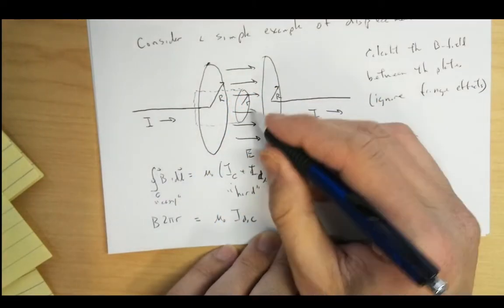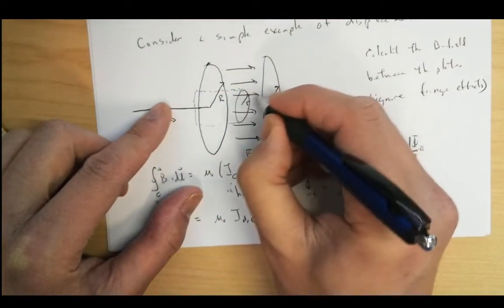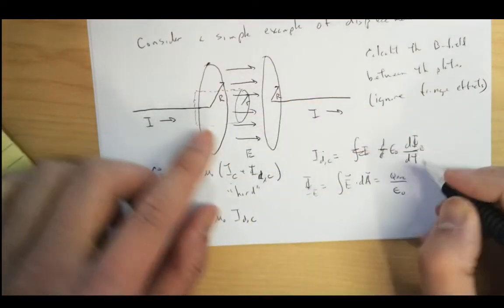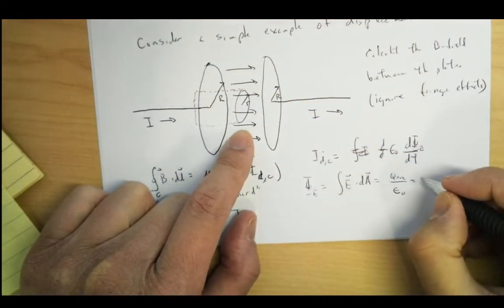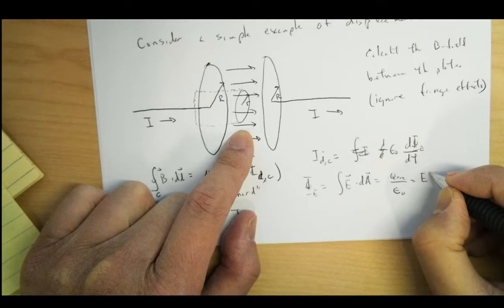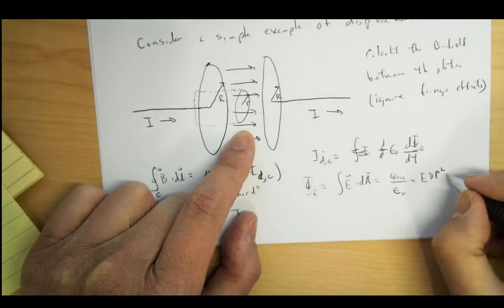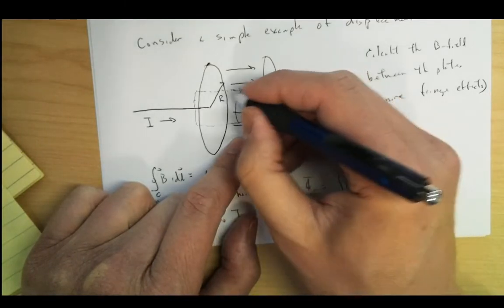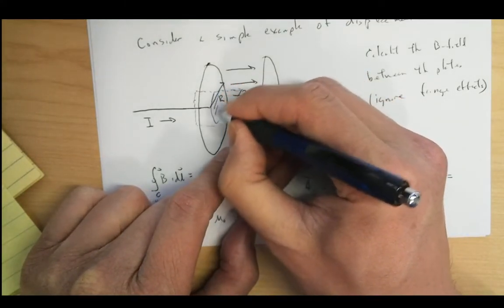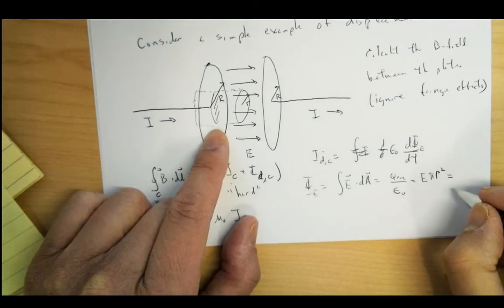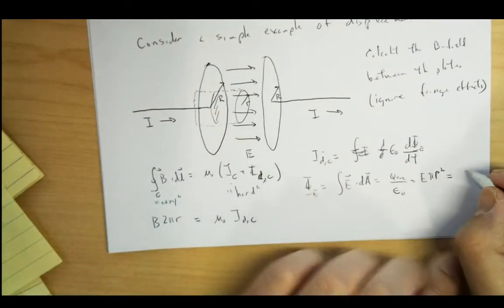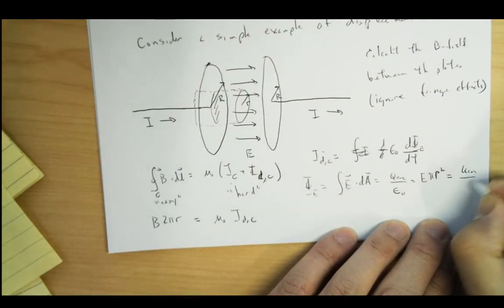Let me draw my surface here. I need to find the electric field. The electric field is going to be pointing straight that way, and there's no electric field on this side, so I just need to worry about this piece. This piece is just E times pi little r squared, which is equal to Q enclosed over epsilon 0.